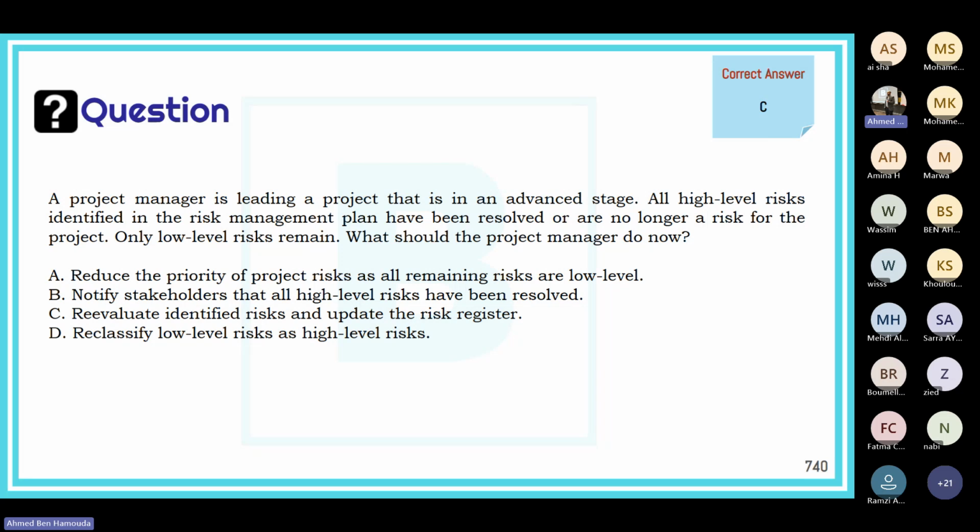Answer B is not an effective action. And answer D, reclassify all of them as high level, that's wrong. You need to re-evaluate them and make sure that you recalculate their probability, impact and score, and then be able to prioritize those ones that have become high.